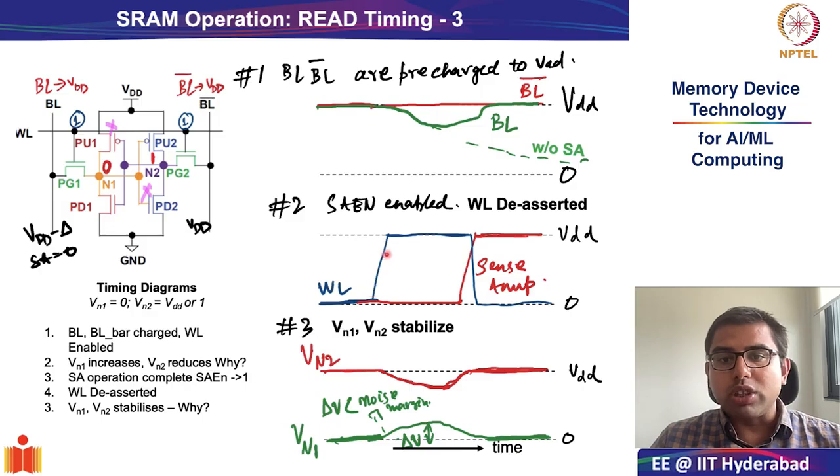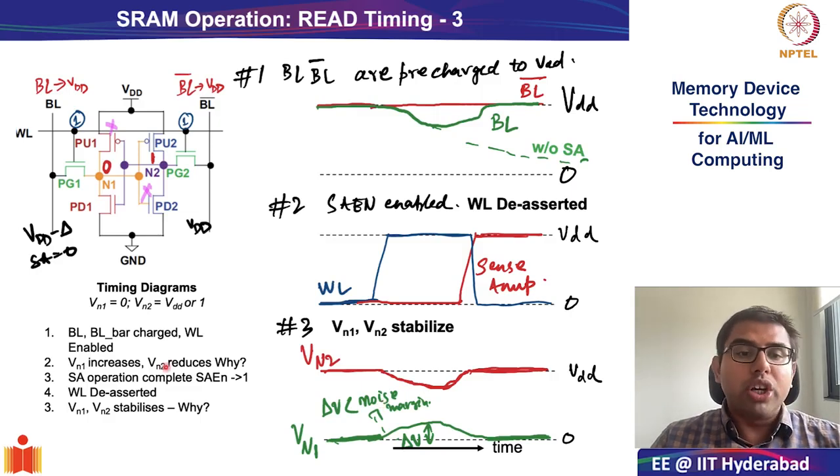When the word line was asserted, there was a slight increase, delta V, in the voltage at storage node VN1. However, through appropriate cell ratio design, this change in delta V is well within the noise margin, and therefore you are able to facilitate a non-destructive read.